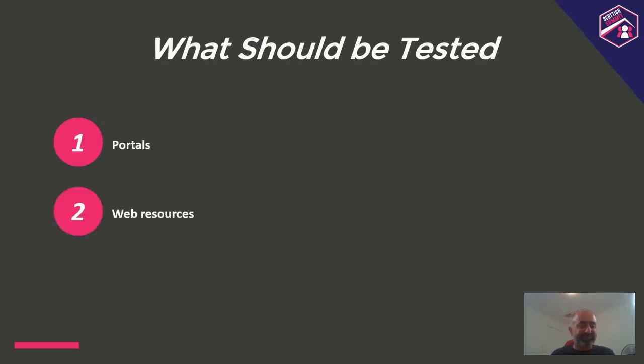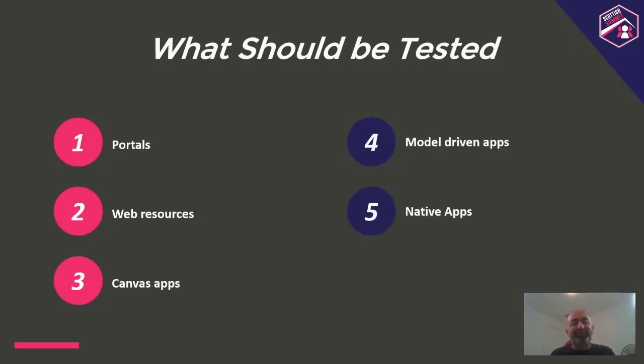Web resources, when we are using our web resources or our PCF controls, even those should be compliant with accessibility requirements. Canvas apps, of course, model-driven apps, if we are using any web resources or if we are designing a model-driven app from the beginning, and of course native apps.